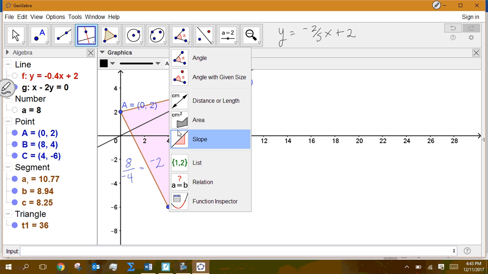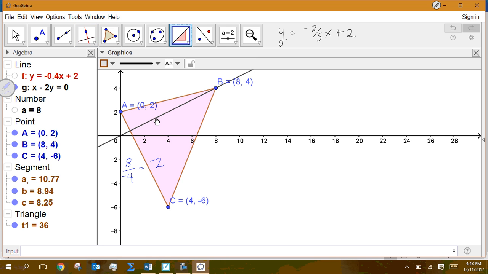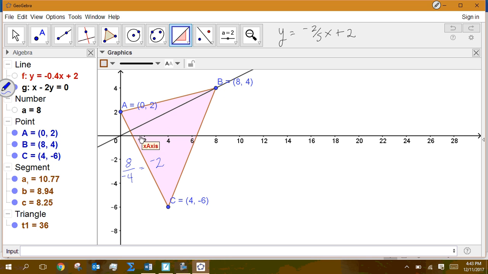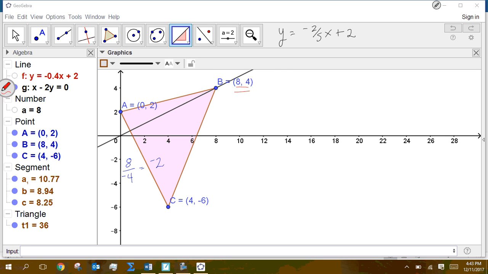Just double checking, if I click on that slope tool and then click on that line, it does give me 0.5, which is 1/2. So I know that slope is 1/2, and I know the point 8, 4 is on that line. So again, y minus y1, being 4, equals the slope of 1/2 times x minus 8.